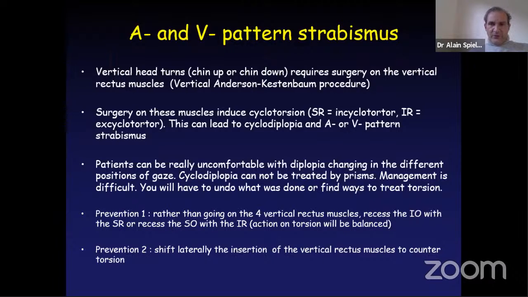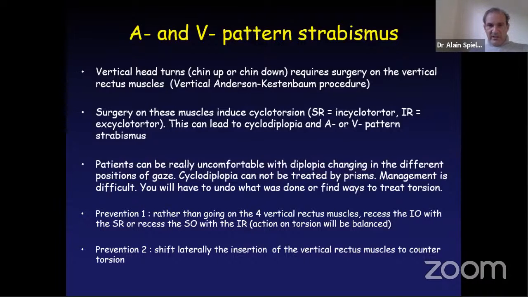So cyclotorsion means A and V pattern and elevation or depression in lateral gaze. And people can be really uncomfortable with diplopia, which changes in the different positions of gaze. Cyclodiplopia cannot be treated by prism, and management is always difficult. You will have to operate again to undo what was done and to find ways to treat torsion.